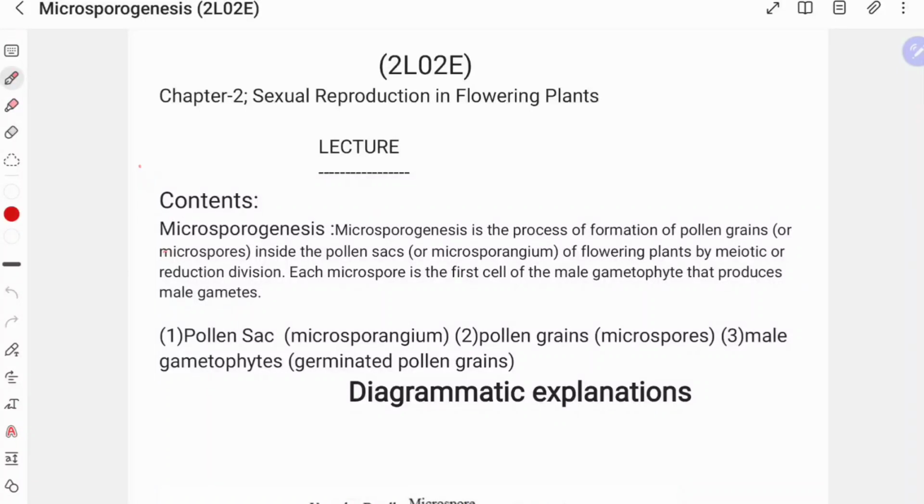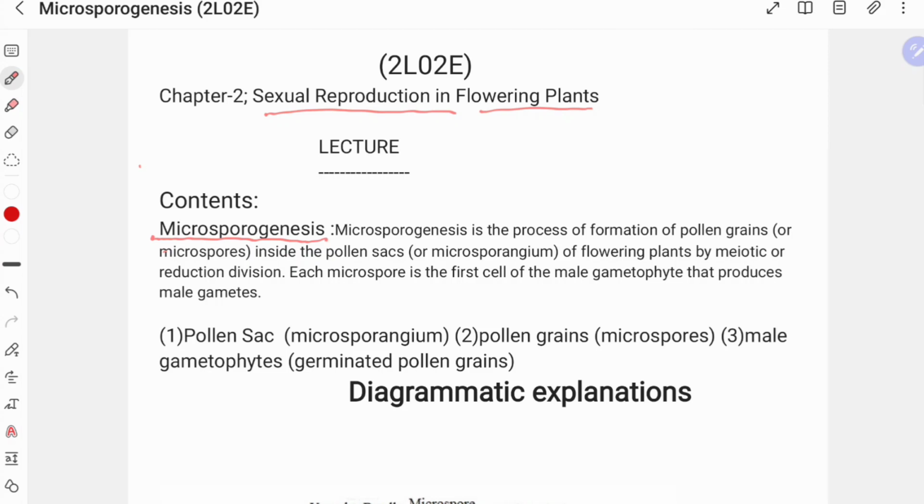Today I will discuss the chapter sexual reproduction in flowering plants. In this chapter, I will discuss microsporogenesis.